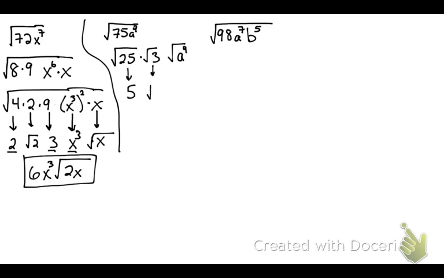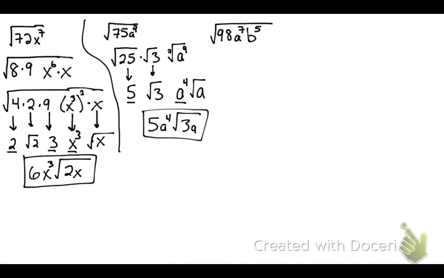The square root of 3 doesn't go any further. And using the Orndorff method, 2 goes into 9 4 times, so that'd be a to the 4th, with 1 left over. So a to the 1st still inside. And we put it all together. The numbers outside, 5a to the 4th times the square root of 3a.